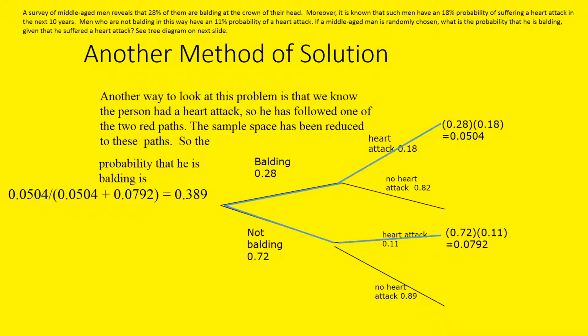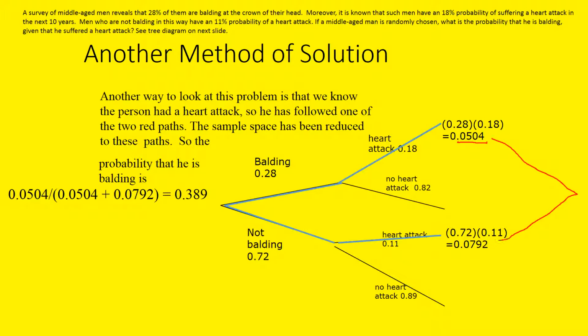Well, it's the probability of the upper path divided by the probability of the whole. The upper path has probability 0.0504. The probability of the whole is, we're going to add all of this.